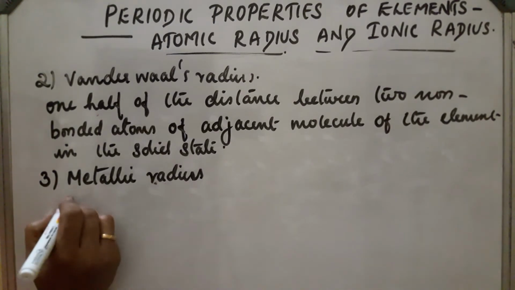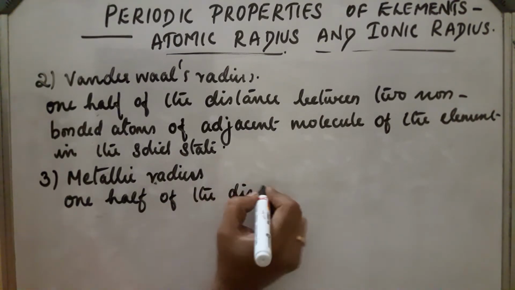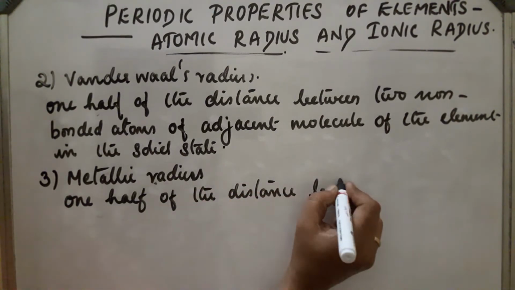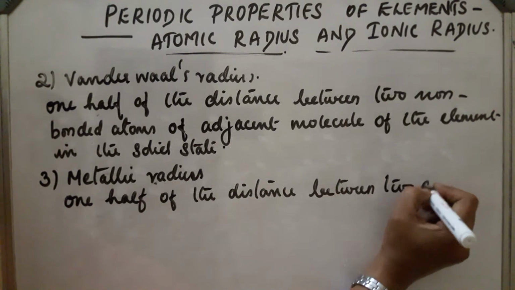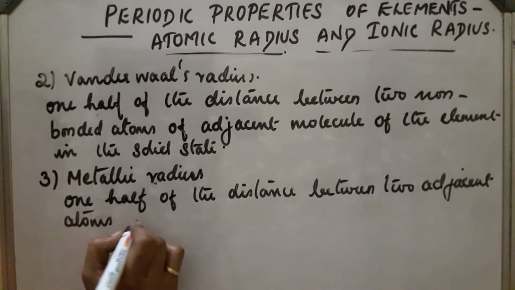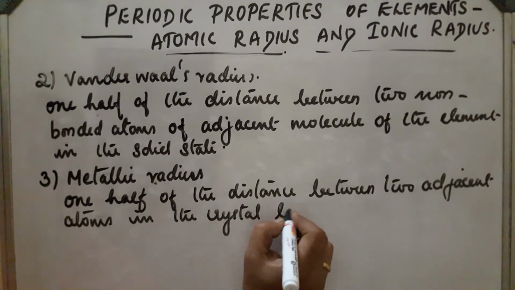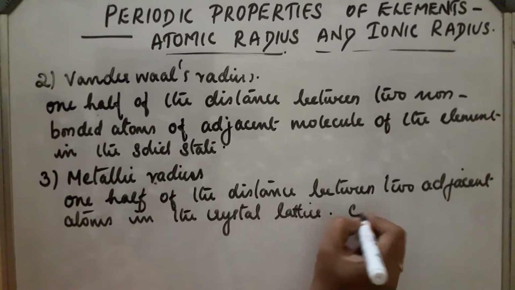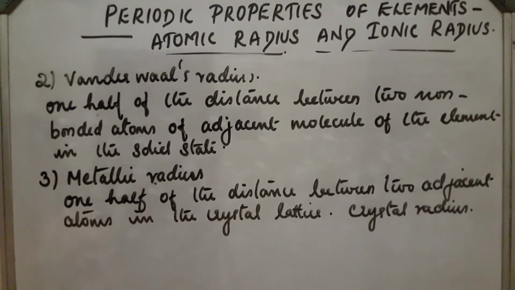It is one half of the distance between two adjacent atoms in the crystal lattice. This radius is also called the crystal radius, and this metallic radius also will always be greater than the covalent radius.